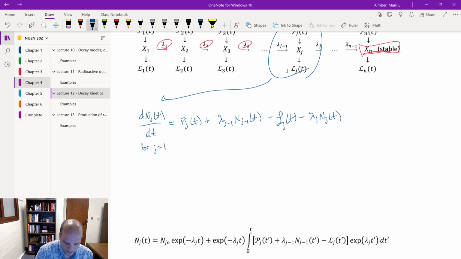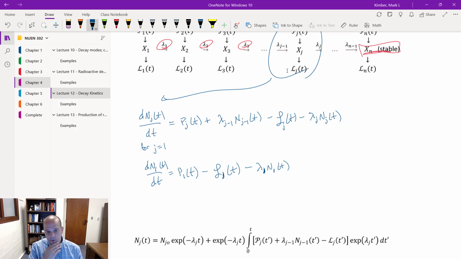So for j equals 1, then I just have dN1(t)/dt. I have the production of isotope 1, and I have the loss term of isotope 1. I don't have a decay from its immediate parent because it has no immediate parent in this diagram. But I do have the option to decay away. So this will be lambda 1 N1 of t. So that's what my differential equation looks like for j equals 1.